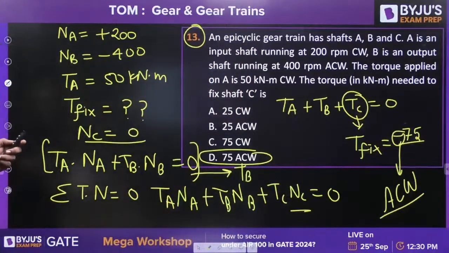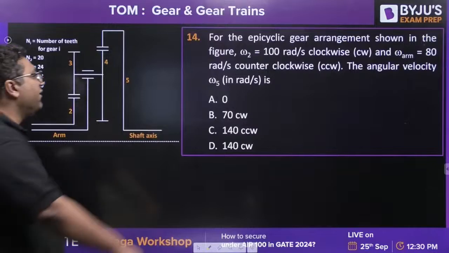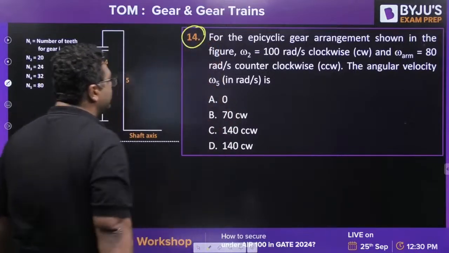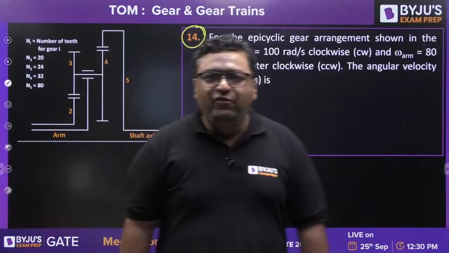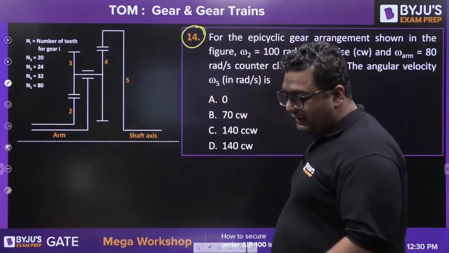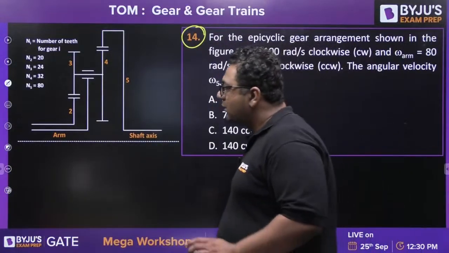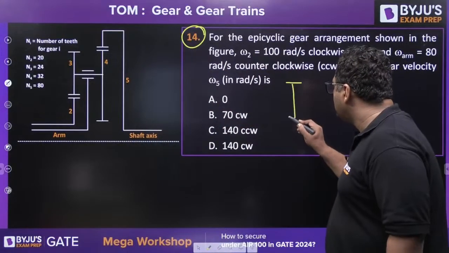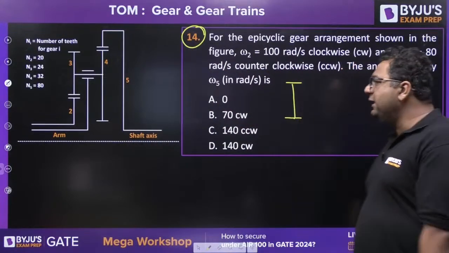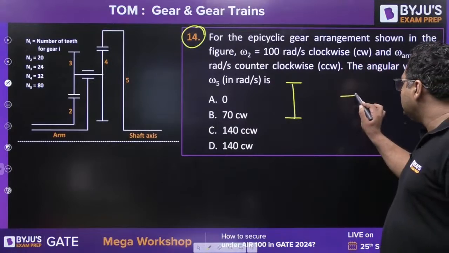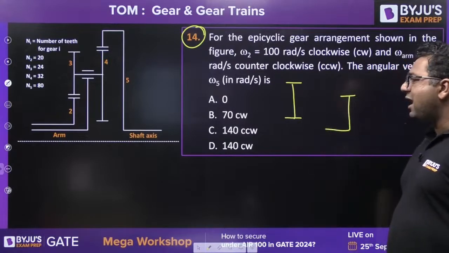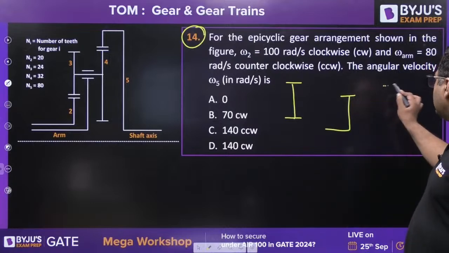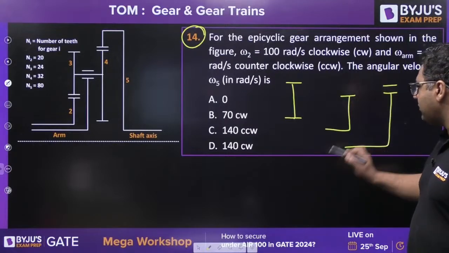Very good, Ocean, Manas. Question number 14 is from line diagram, guys. So I feel everybody would be aware of the line diagram of the gears. I am telling you, this shows the complete gear, this shows the half gears, this shows the arm.